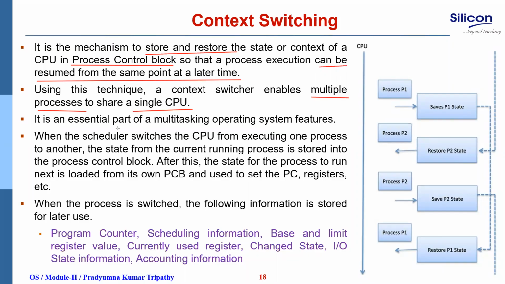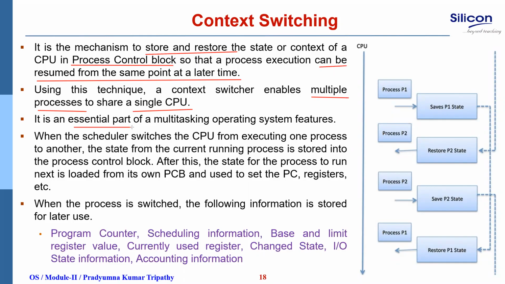So it is an essential part of a multitasking operating system, right? Why is it essential? Because in multitasking, more than one program is executing, and that is the reason we need context switching. But we know that context switching is pure overhead, extra time.